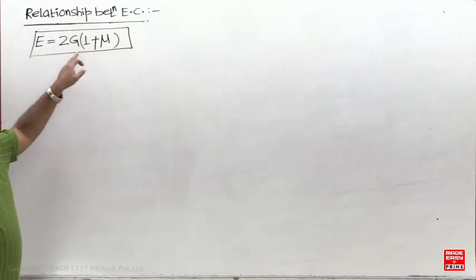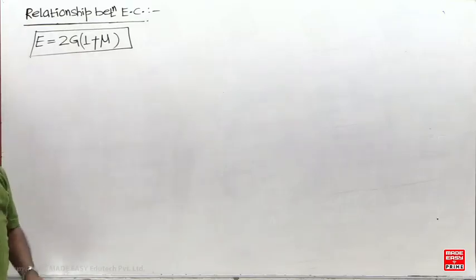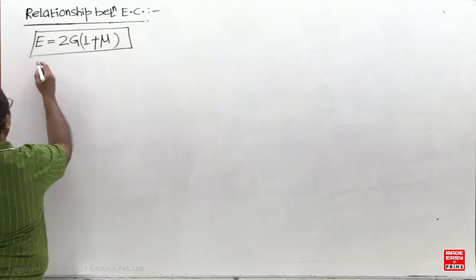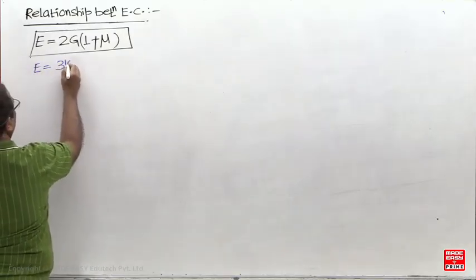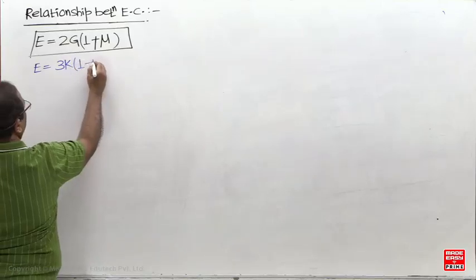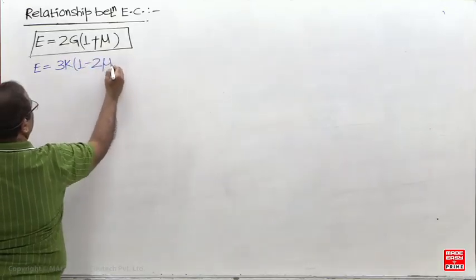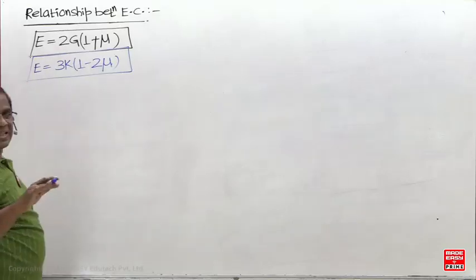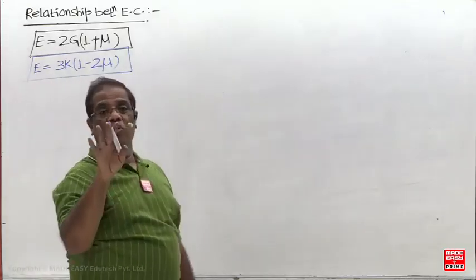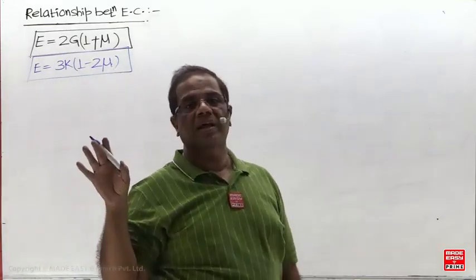So E is equal to 2G into 1 plus mu. If it is a small 4 or 5 step derivation, I will do it now. Very lengthy derivations we are not focusing on. Even in the engineering service mains examination, strength of materials, you get only numerical and conventional questions.